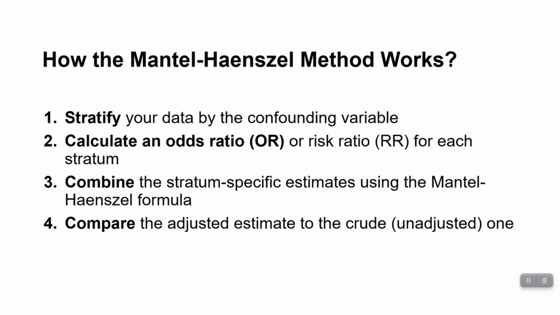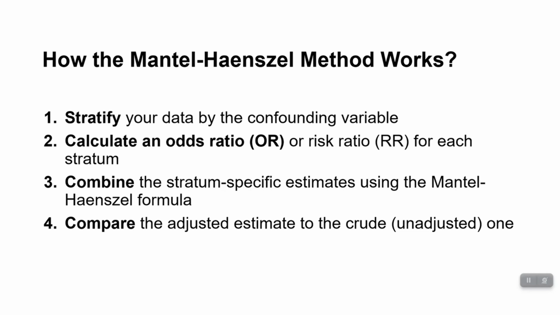For example, if tomato is a confounding variable, Mantel-Haenszel calculates the odds ratio for each stratum of the tomato: among people who had tomato, and also the odds ratio or relative risk for people who did not have tomato. And then the Mantel-Haenszel method pools this relative risk or odds ratio into a single weighted estimate known as the common or pooled odds ratio.